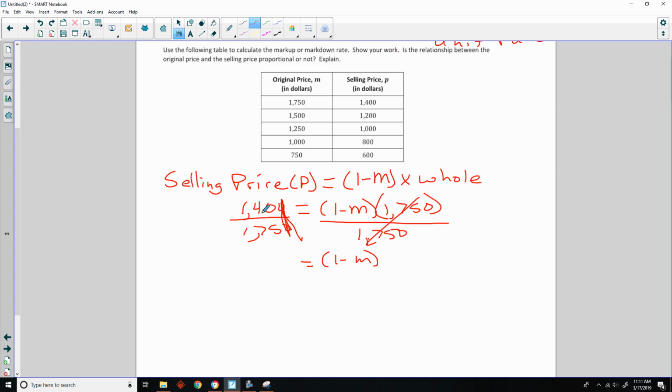I can reduce that by 5, a multiple of 5. 5 goes into 14 twice, 5 goes into 40 8 times, 5 goes into 17 3 times, 5 goes into 25 5 times, and I see that 7 will go into 28 4 times, and 7 will go into 35 5 times.